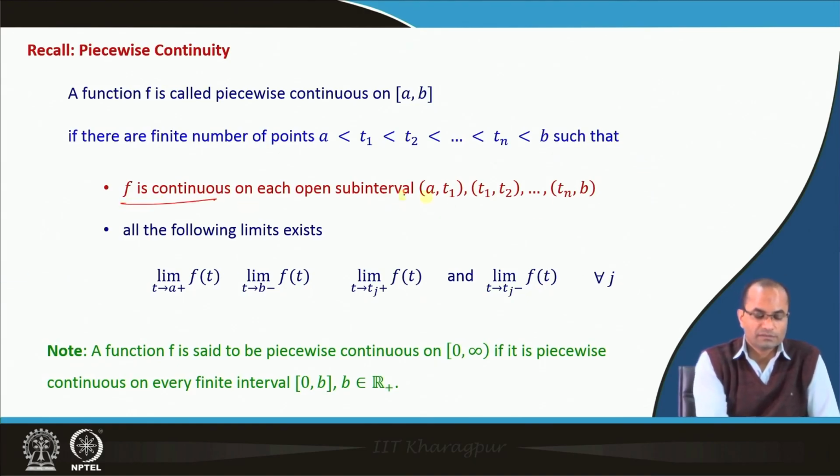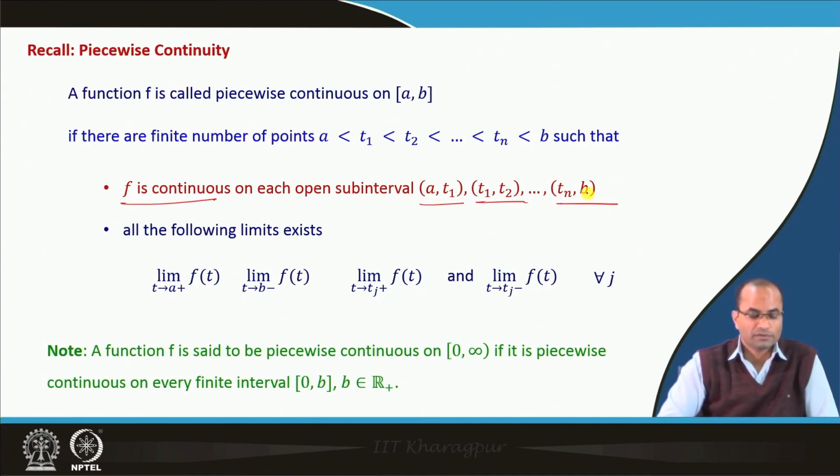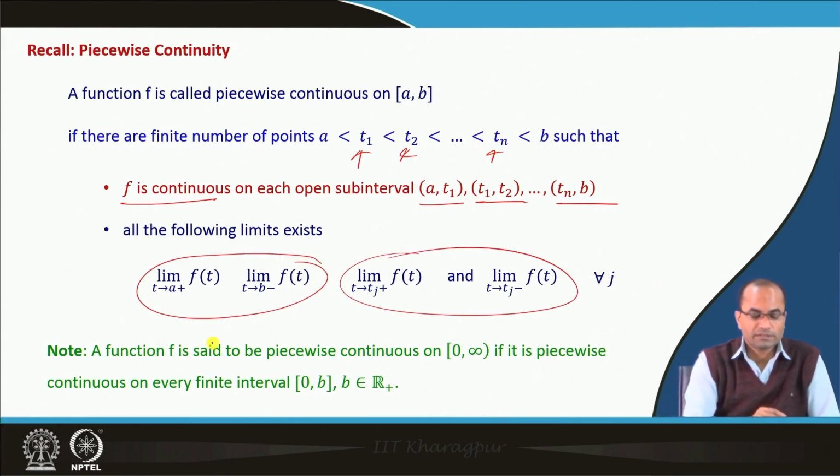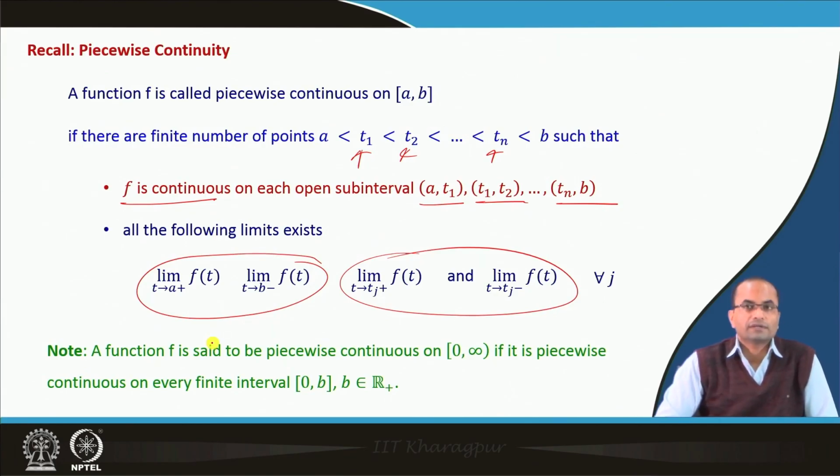One, the function must be continuous in each of these open subintervals, and at all these points where the function is either not defined or not continuous, at least this limit should exist, and then we call the function piecewise continuous.